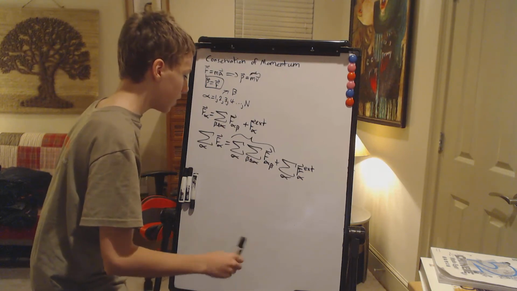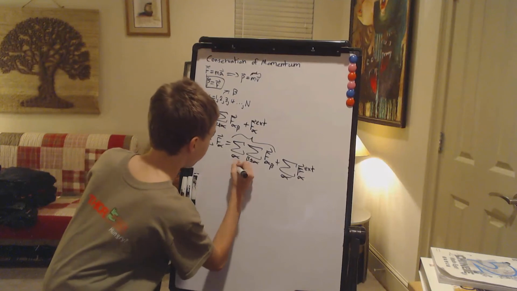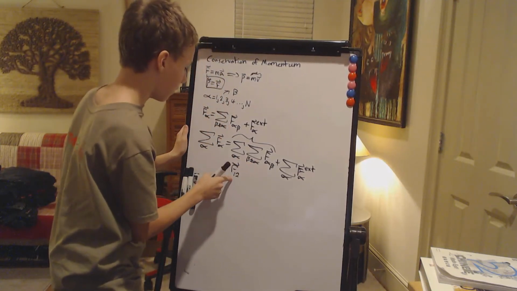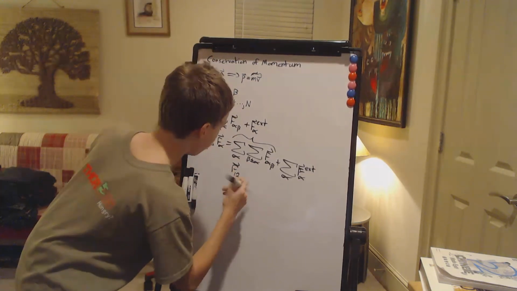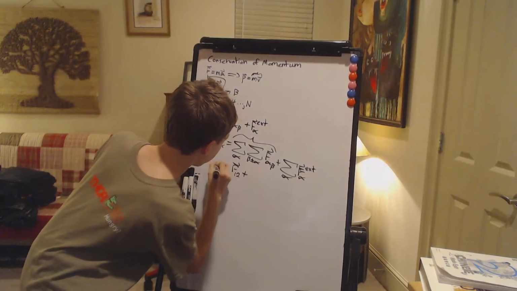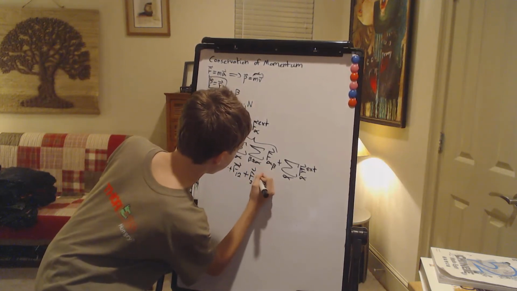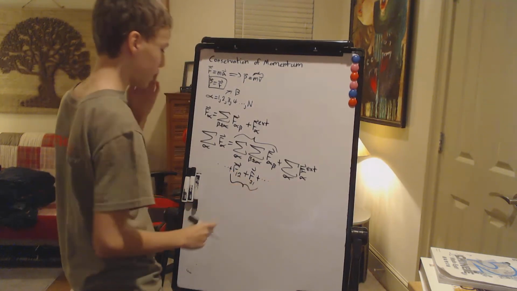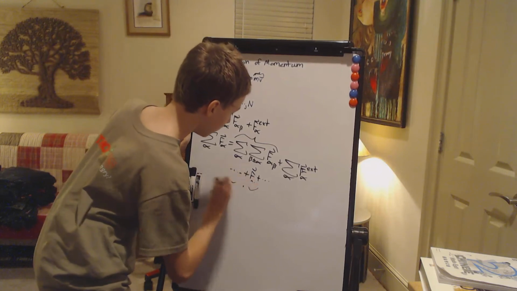So we're going to be able to pair up, for example, the force on 1 and 2, and we're also going to be pairing up some other terms. Note that these things will cancel, right?